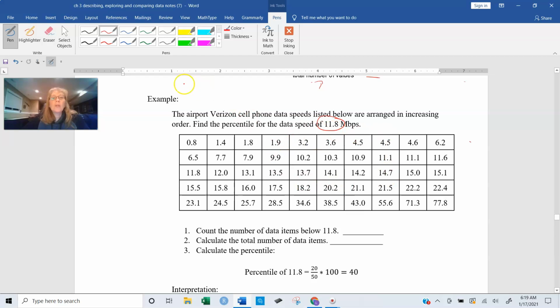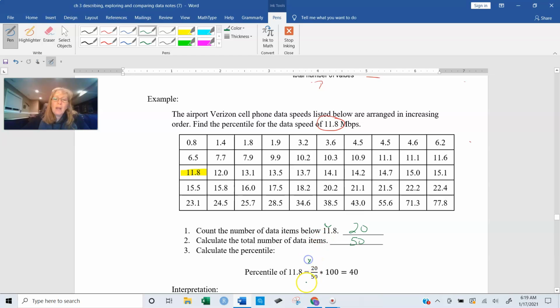So the first thing we do is we go to our data and we find 11.8, which is here. Next step, how many data items are below 11.8? So you count them and you should have gotten 20. How many total data items do we have? We have 50.